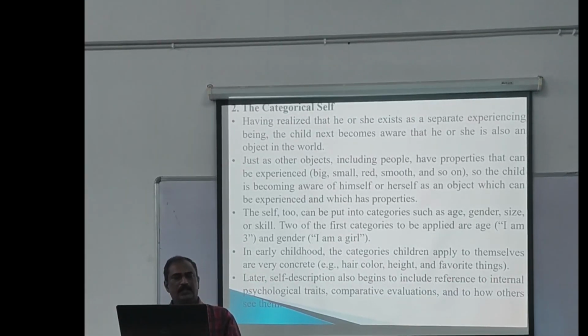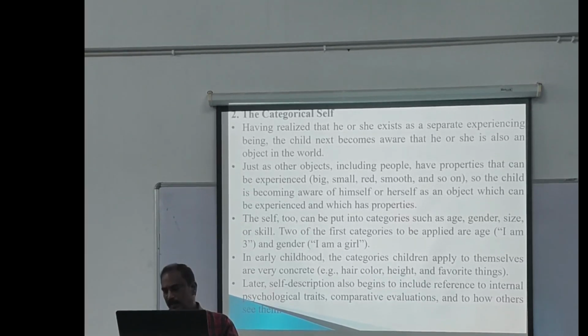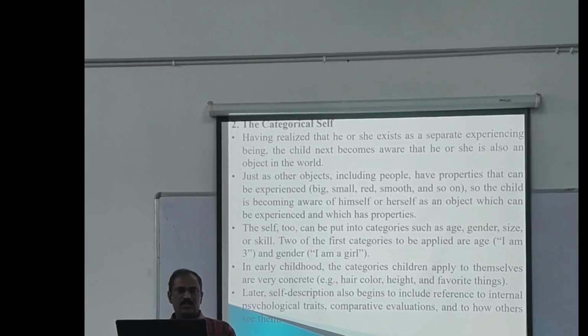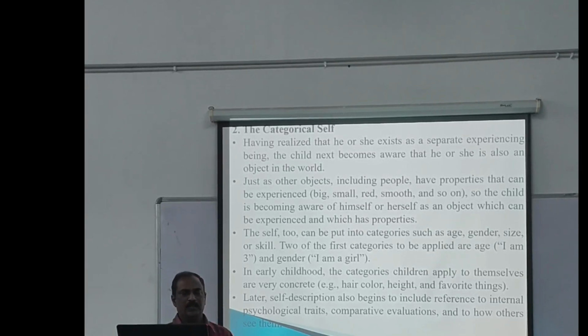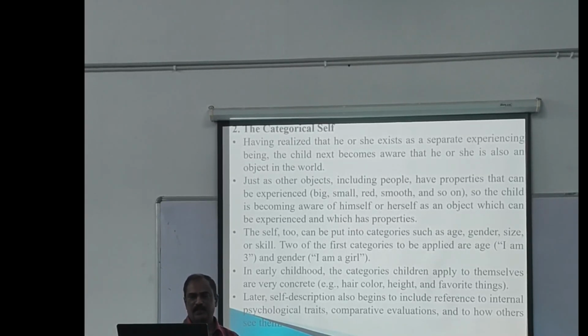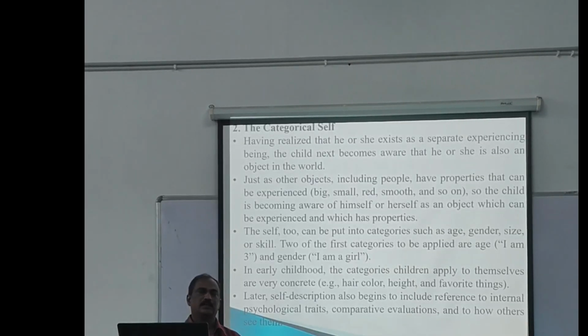So, coming to the categorical self. Having realized that he or she exists as a separate experiencing being, the child next becomes aware that he or she is also an object in the world.